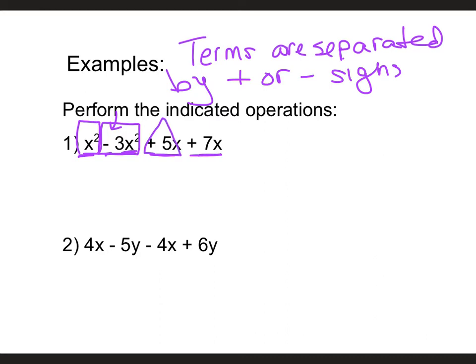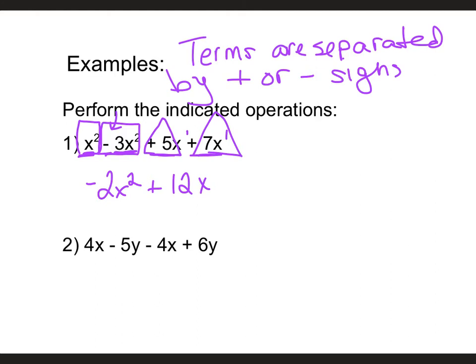That's a 5x, so the variable here is x, and the exponent is 1. Both of these are the same. So I combine the x squared and the negative 3x squared here, so that would be negative 2x squared, plus 5x and 7x, so that would be 12x. That's as much as I can add them.